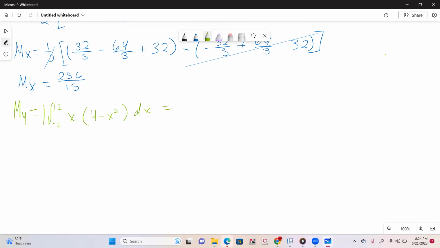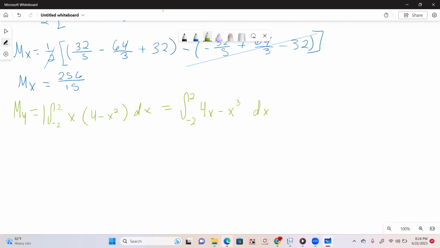So we're just going to multiply that x through. So this is going to be equal to, and this is just times 1 for density, so we don't have to keep writing that, right? The integral from -2 to 2, and then x times 4 is going to be 4x minus x times x squared is x to the third dx.